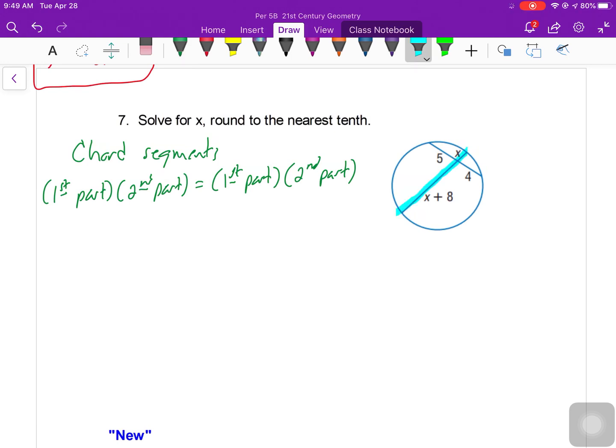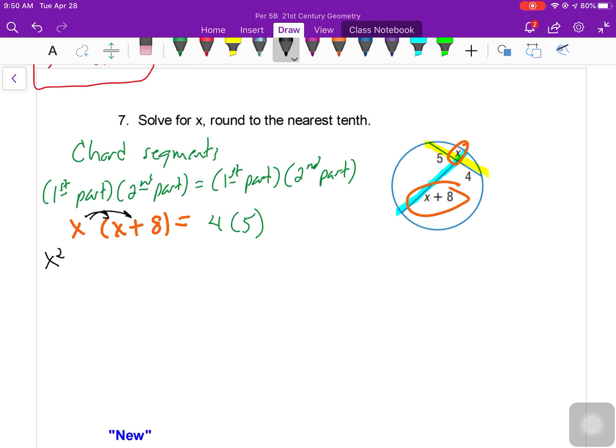Let's take them one at a time. Let's take this blue one. On the blue one part is an x and the other part is x plus 8. So I have x times x plus 8. On the yellow one here, one part is 4 and the other part is 5.